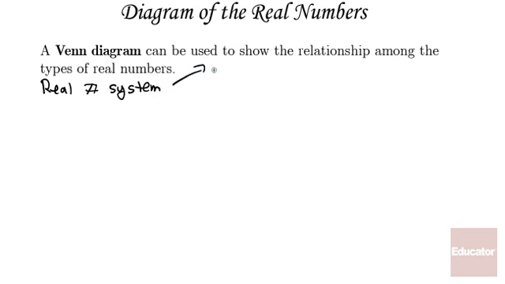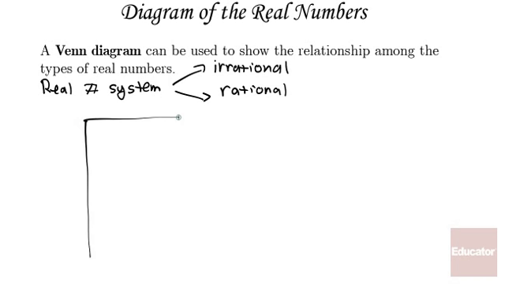And we have irrational numbers. And we also have rational numbers. And a Venn diagram is a visual way of understanding the relationship between these and their various subsets.